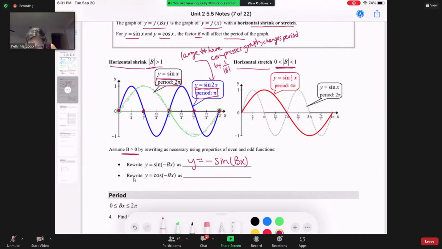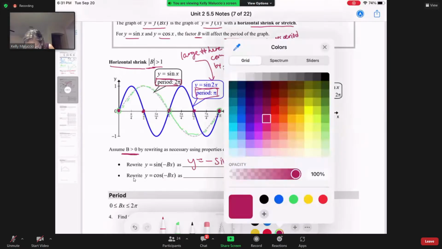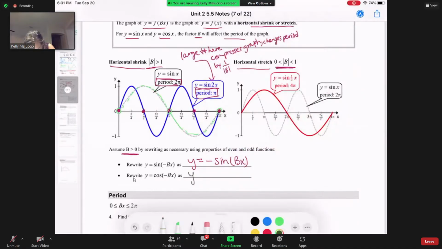Whereas cosine does something a little bit different. Let's look at this. I see a 0 here, 0 here, 0 here. There's 3 zeros, but this is 0 to 4 pi. Oh wait, this is still sine of 1/2 x. Sorry, they're just showing you what happens if it's 1/2.